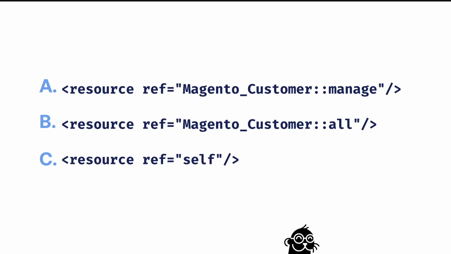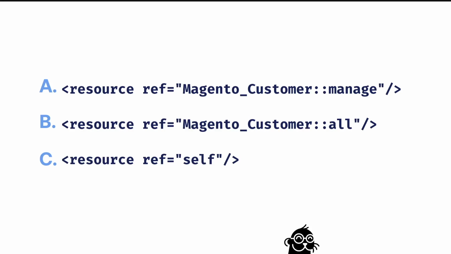So finally, option C, which is the self reference. Now this is set up in Magento so that it only allows access to the current authorized customer's data. Basically, for a customer to successfully pull data from an endpoint that is utilizing this reference, they're going to need to be logged in and have a valid session or token.